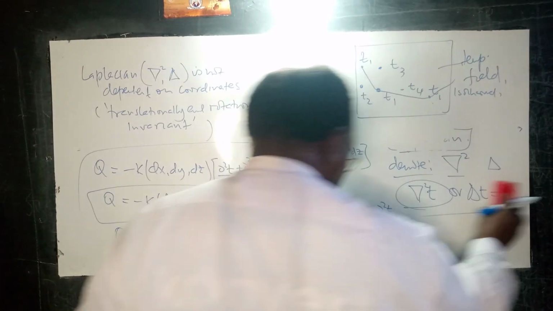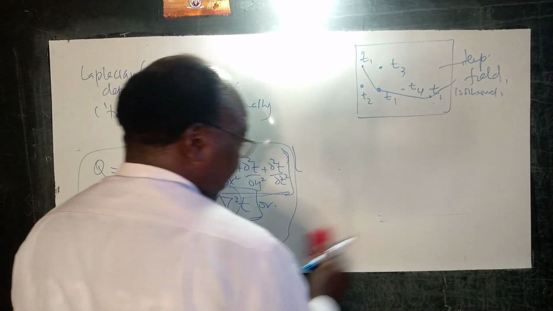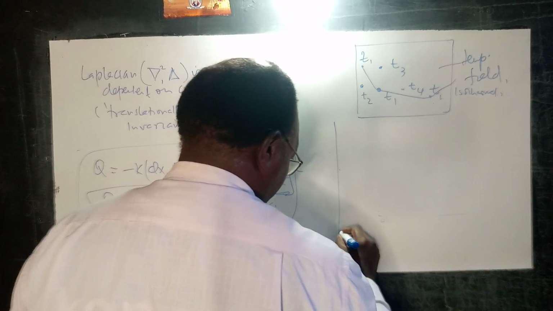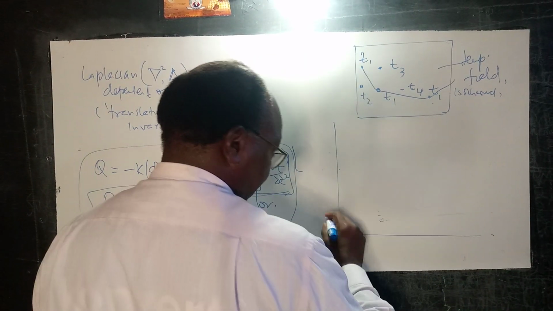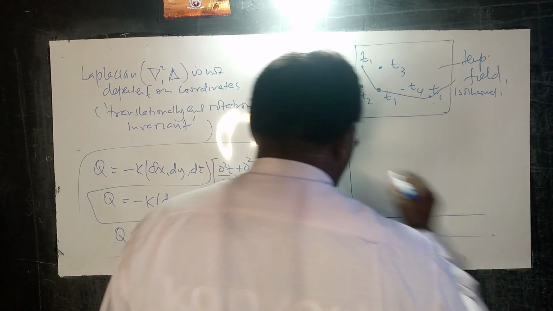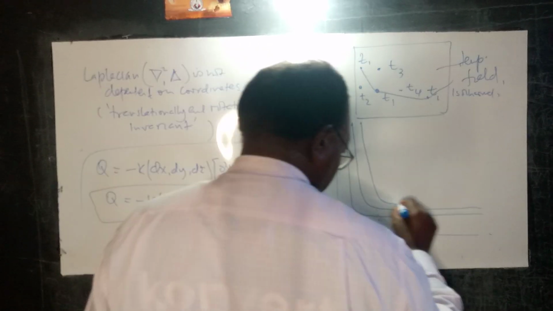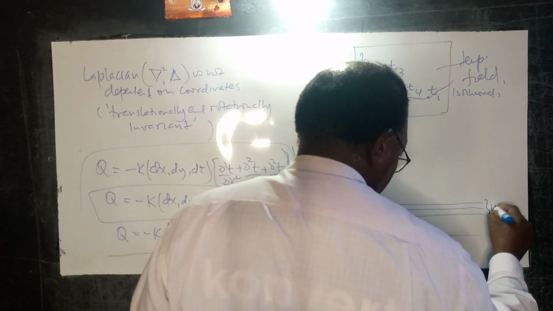So, for example, you can coin that temperature field, like we can have a situation where we have this as isothermal. You see, this is isothermal.